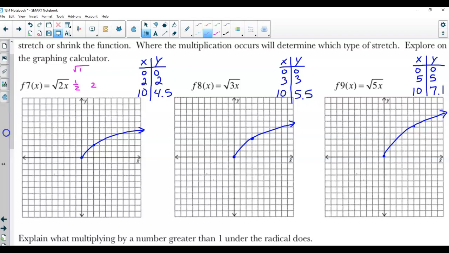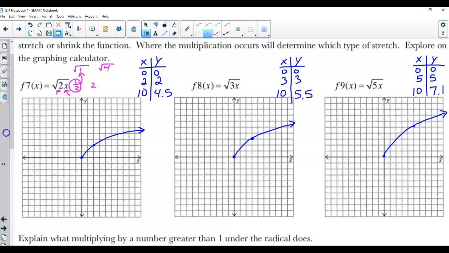So what that is actually doing, I'm looking for these numbers, right? What that is actually doing is I'm putting in a smaller number to get to the output value I want. So every x I put in here is going to be changed by that multiplier before I take the square root.